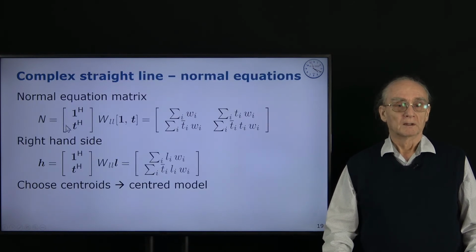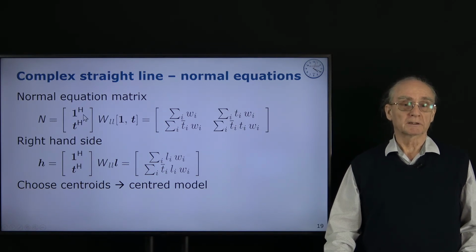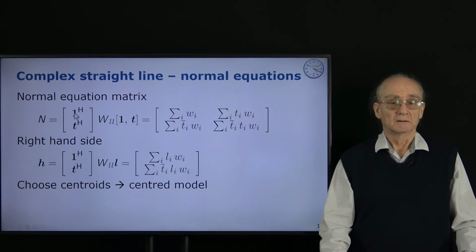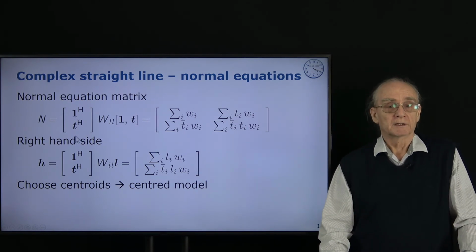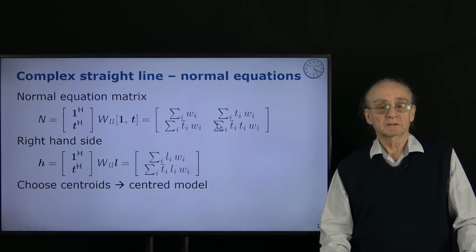So we have the normal equation matrix. We just make a small change by taking the A transposed here and replacing it by 1 conjugate transposed, which of course doesn't change anything because the 1 is a real number. But here we get the conjugates of t. That means our normal equation matrix has, of course, here the sums of the weights.